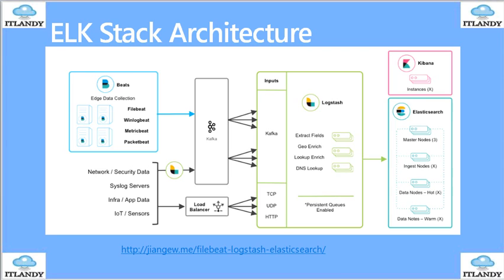You see the network security data, syslog server, infrastructure, app data, IoT sensors, all of these, and the beats, Filebeat, Winlogbeat, metrics, packets, all fed through the big Kafka cluster, and sent across to Logstash and storage.